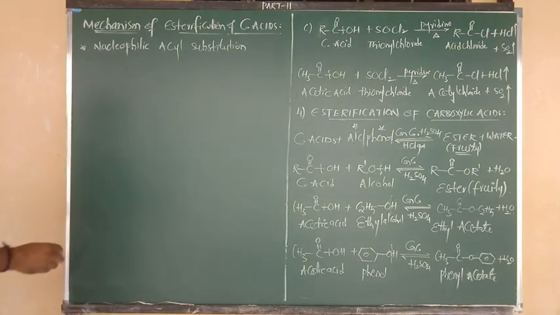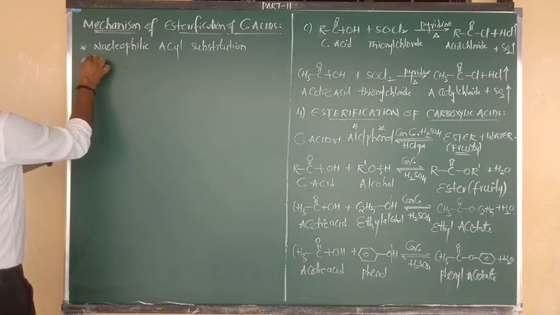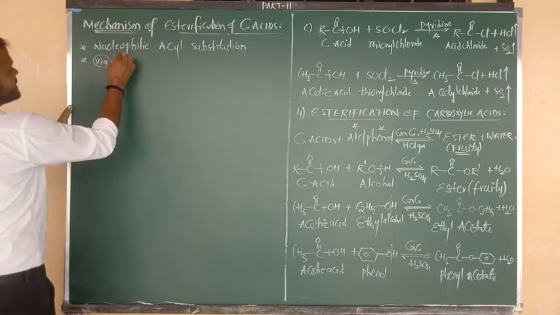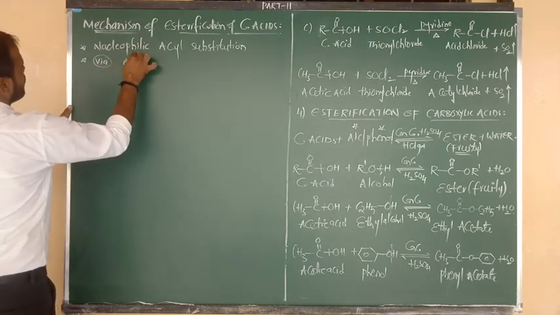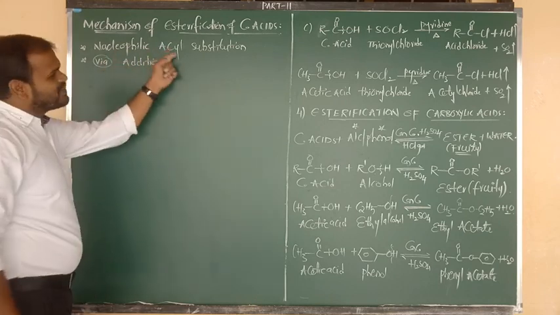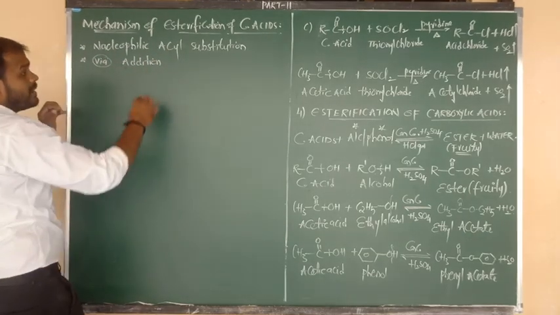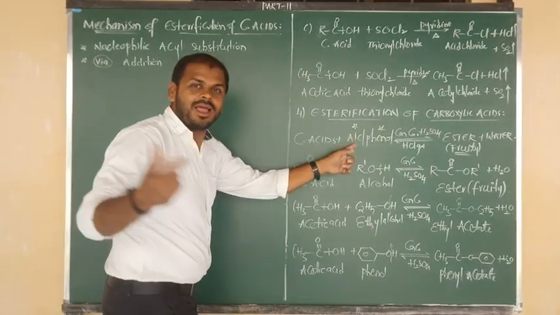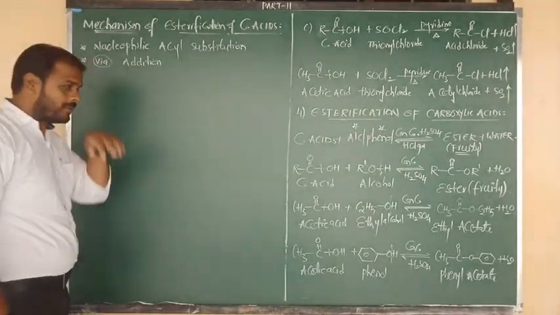And one more thing, this reaction proceeds via, by the mechanism, one is addition, which addition? Nucleophilic acyl addition. I mean the acyl group undergoes substitution by alcohol, or by phenol.